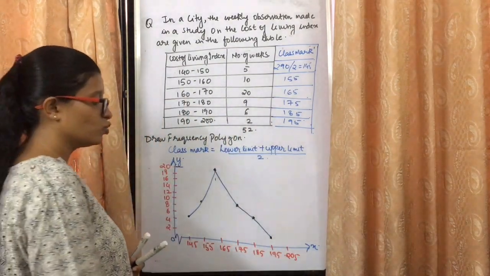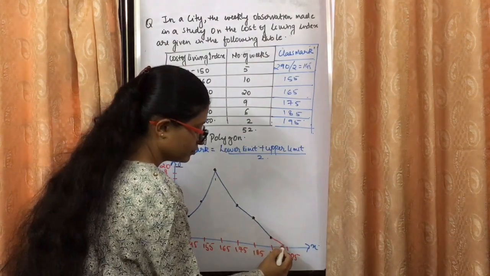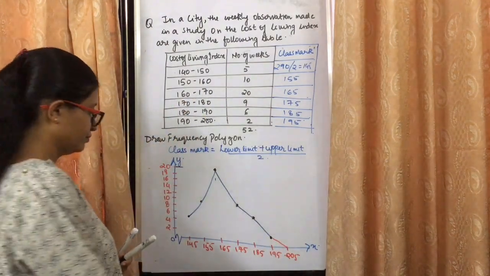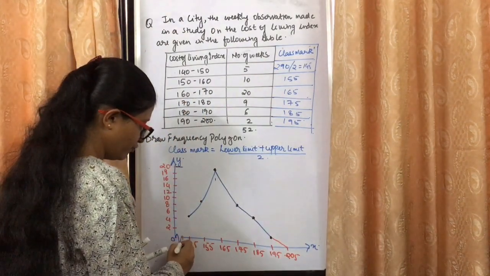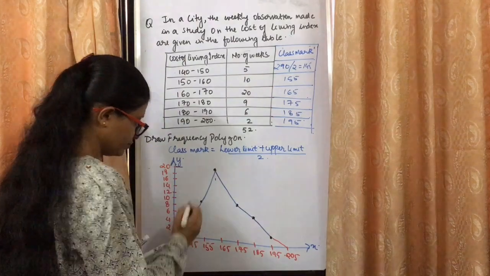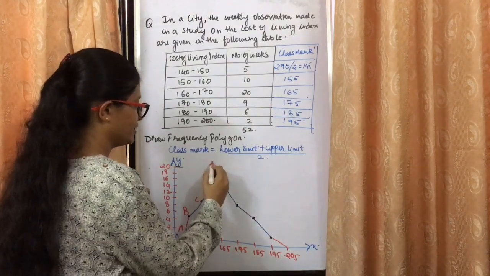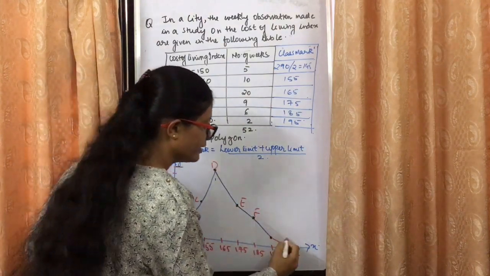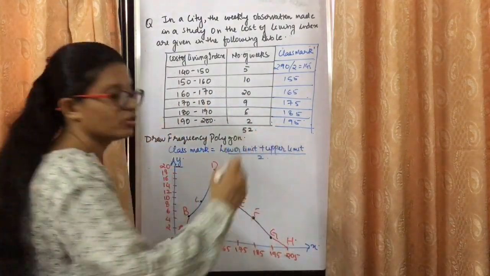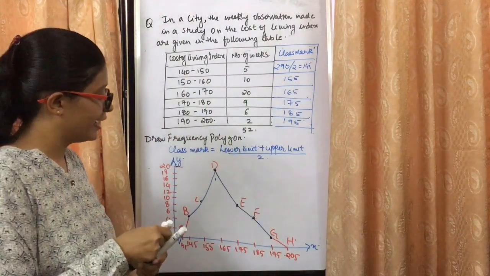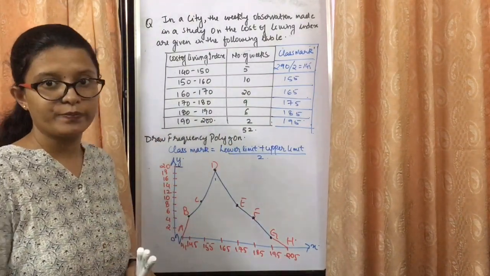I should mark 205. Now here I should mark 135. So this is my polygon and I will name it as A, B, C, D, E, F and G, H. So this is the polygon which I will get without drawing the histogram.